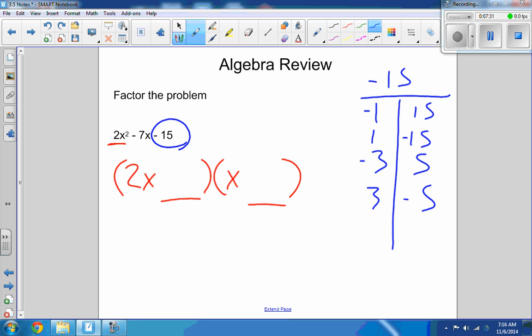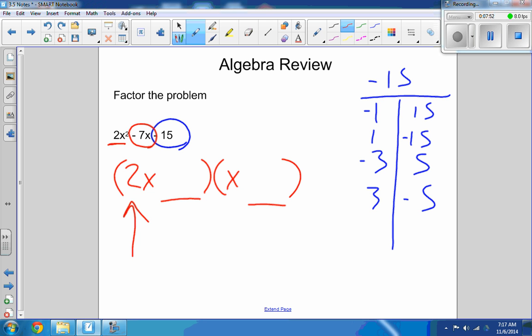So now I've got to consider, okay, I need to get this negative 7. But I'm multiplying by 2, so I have to think about this. 2 times negative 1 plus 15. Will that give me negative 7? No. How about negative 1 times negative 1 plus 2 times 15?